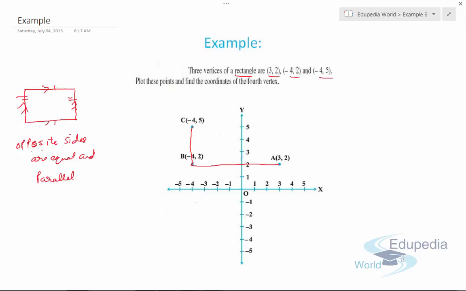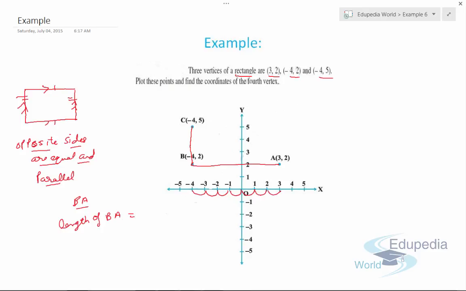We already know that opposite sides of a rectangle are equal and parallel. If we take this side BA, we can measure the length of BA from the plane. Clearly the length of BA will be 1 unit, 2 unit, 3 unit, 4 unit, 5 unit, 6 unit, 7, so it will move 7 points.